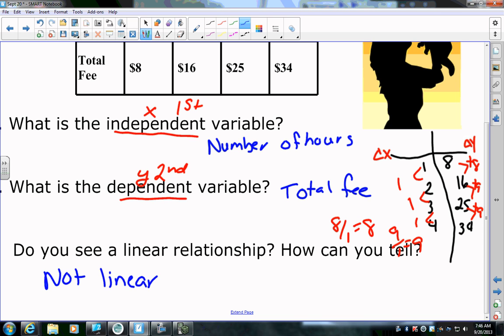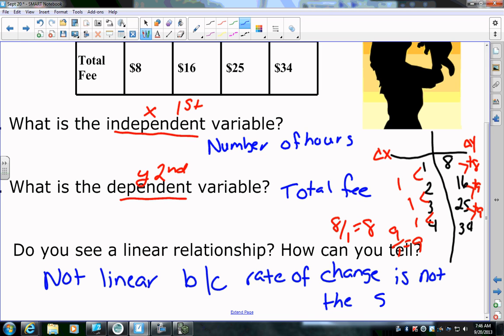And the reason why I know is because the rate of change is not the same. Or you can say delta y over delta x is not the same.